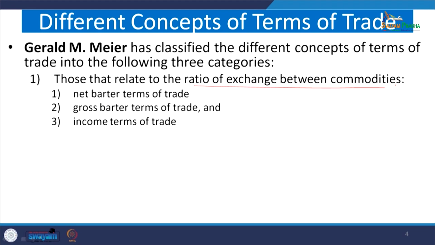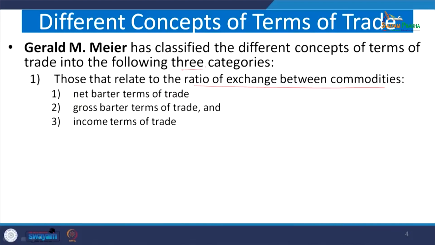So, broadly the measurements are defined into three categories. First of all, the first category is purely based on the commodity exchange, and commodity exchange is again of three types: net barter, gross barter and income terms of trade, where we are attaching to the commodities and exchange to define the terms of trade.